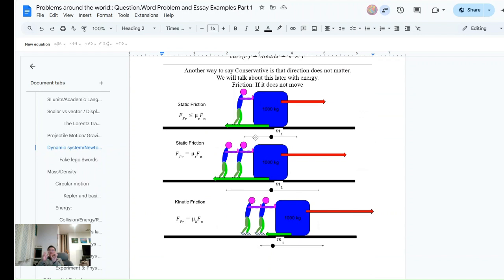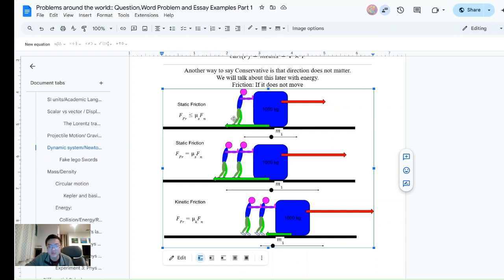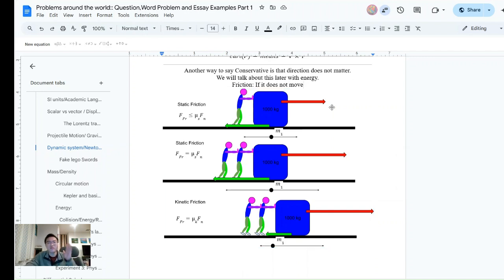When you have a frictional force like this, when you start off, F_fr, over here I put one person because this is the most confusing part of all of friction. Friction is a reaction force, the same as normal force.